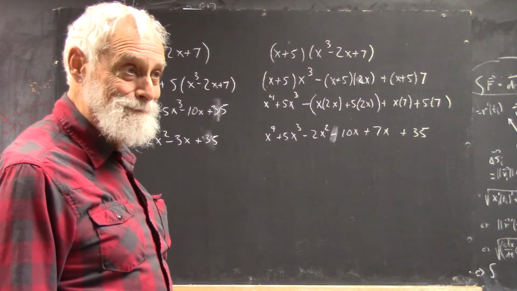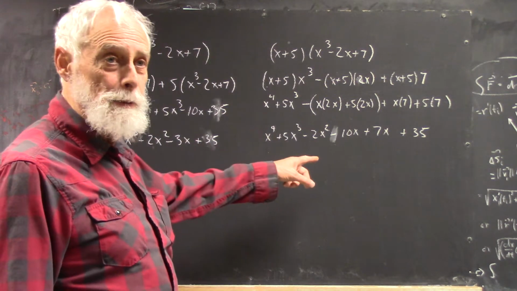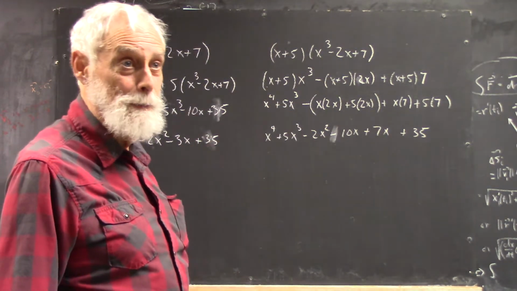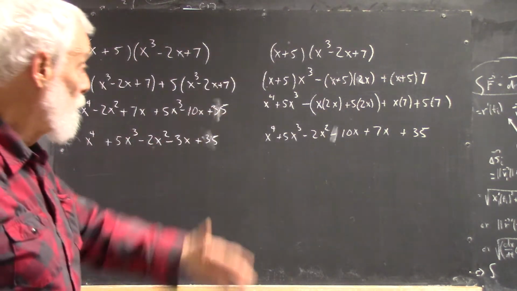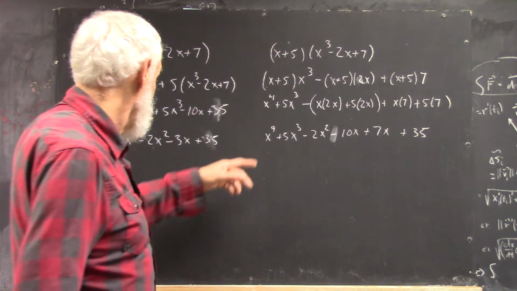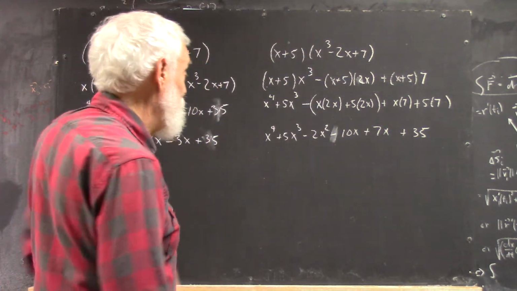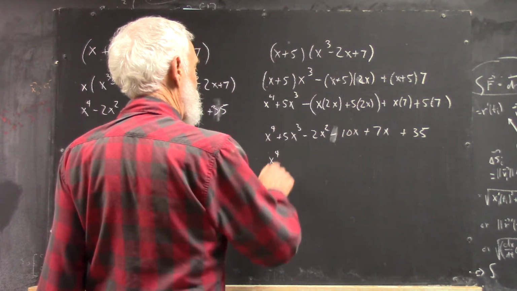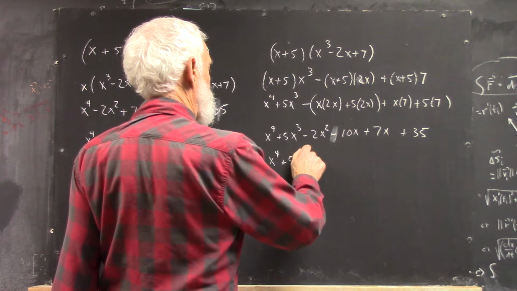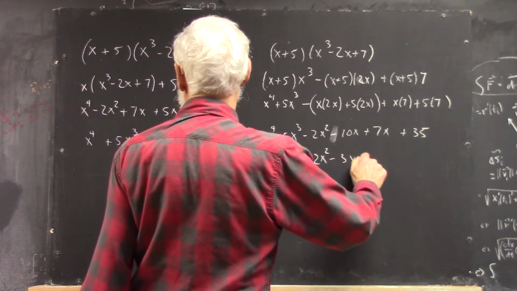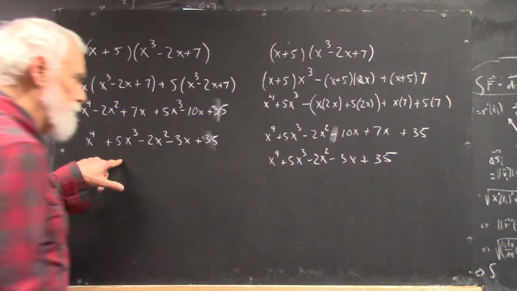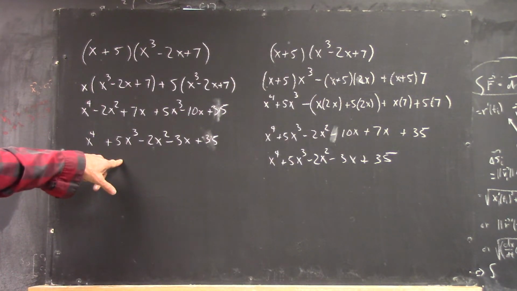A little careless. I was just pretending to be careless just to demonstrate that sometimes it happens. Okay, so now we have x to the 4th plus 5x cubed minus 2x squared minus 3x plus 35. Let's see if this matches this. Yeah, it does. If it didn't, I'd have to go back and see what I screwed up.